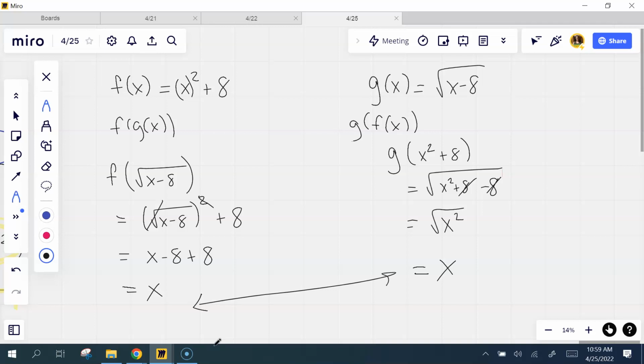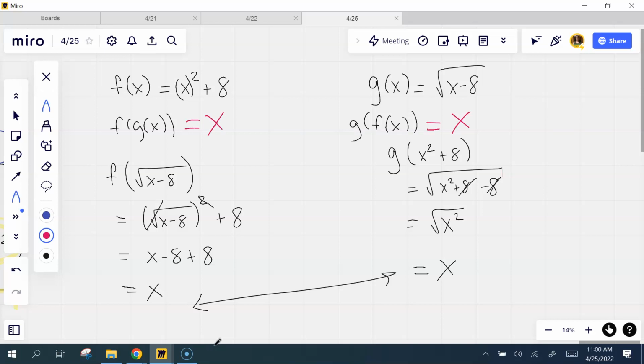Coincidence? No. Well, if they are inverses of each other, and this is where we're going back up, two functions, f and g, are inverse functions of each other if and only if. That means both parts have to be satisfied. This has to simplify down to x, and this has to simplify down to x.